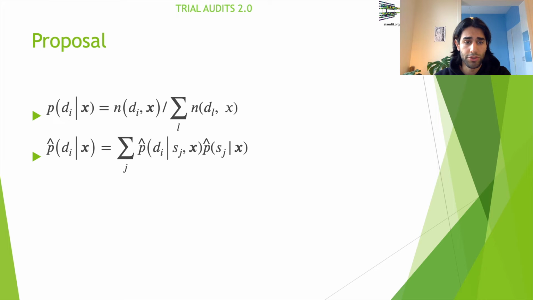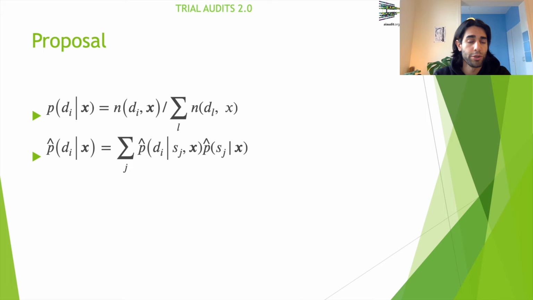This is also a formula. I won't go into much detail, but the probability of seeing I given X, or the ground truth, is simply the number of cases that we are seeing with data label I given X divided by the sum of all occurrences of all data labels given X. And P hat is the probability of seeing I given Sj and X, where Sj is the signal.